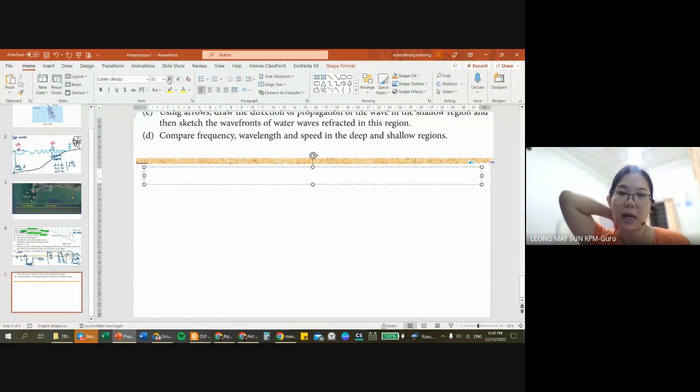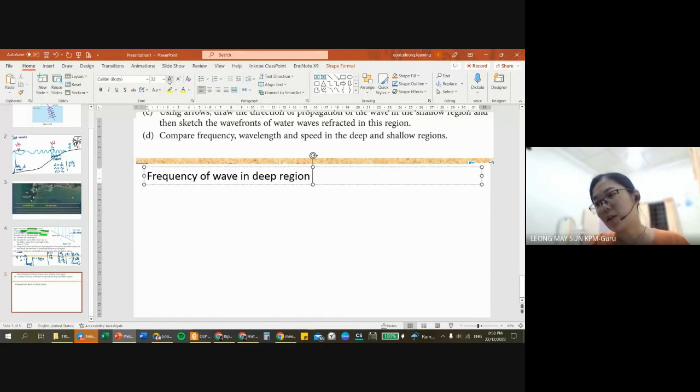So the first question asks you to compare the frequency in deep and shallow region. Start with the word frequency: frequency of wave in deep region. The frequency, the source doesn't change.